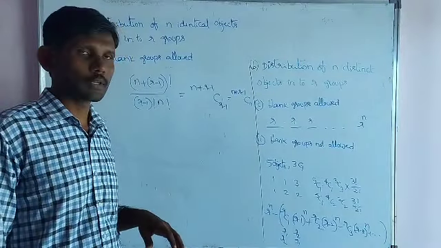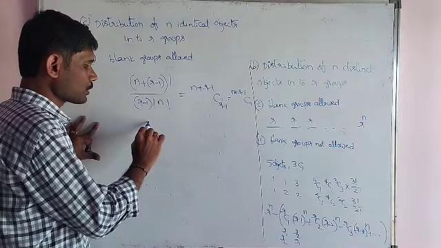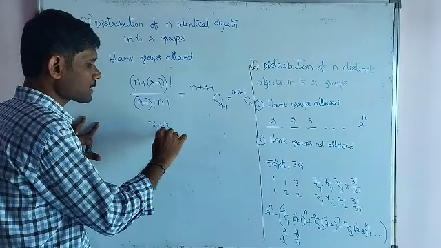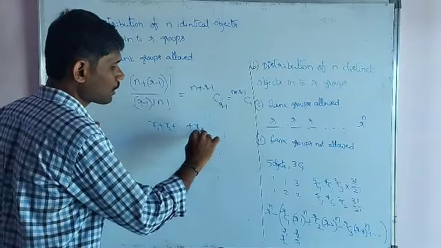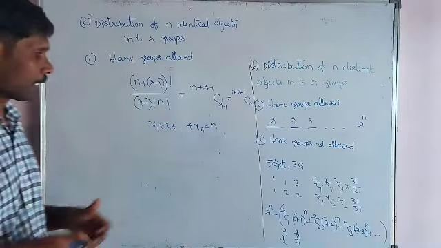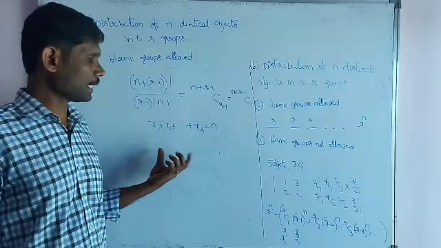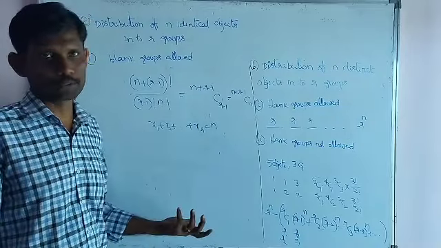Or the other way, how many non-negative integral solutions for the equation x1 plus x2 plus and so on xr, the sum of r variables should be n, and here variables should take only whole numbers, non-negative integers, can be zeros or natural numbers.